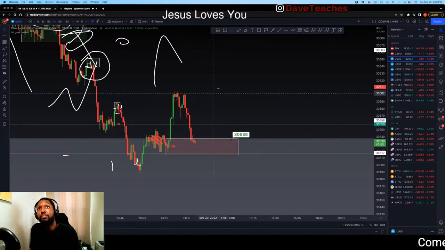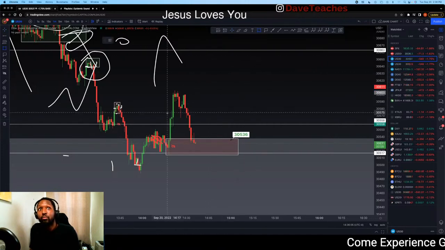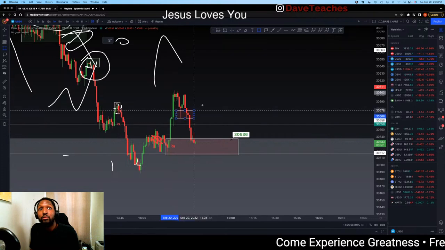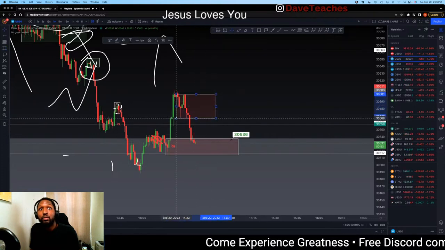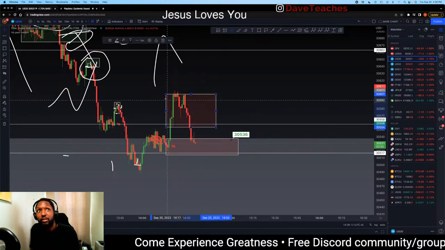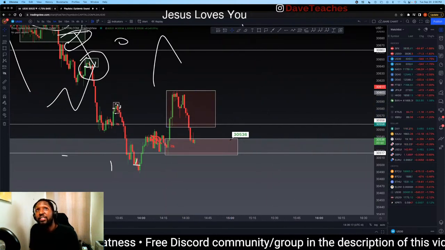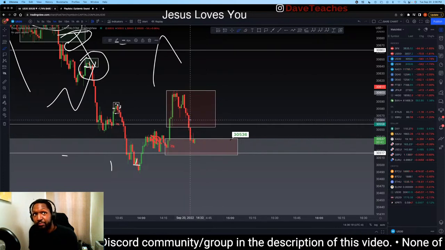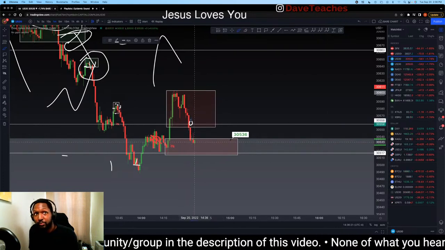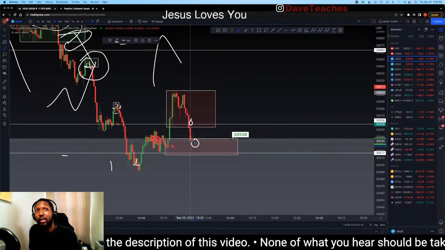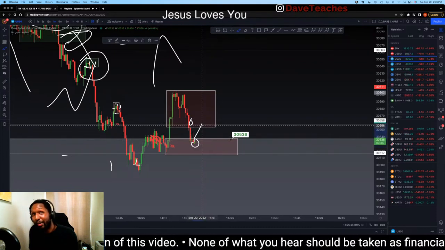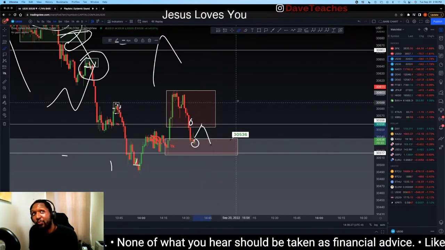What are my 3 setups? Potentially here, here, and any way that you get there, whether it's going up there or coming down here first.